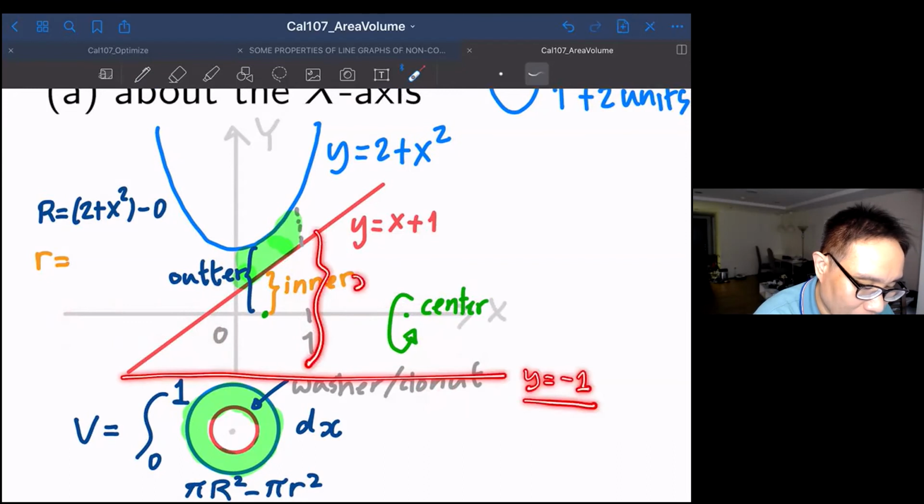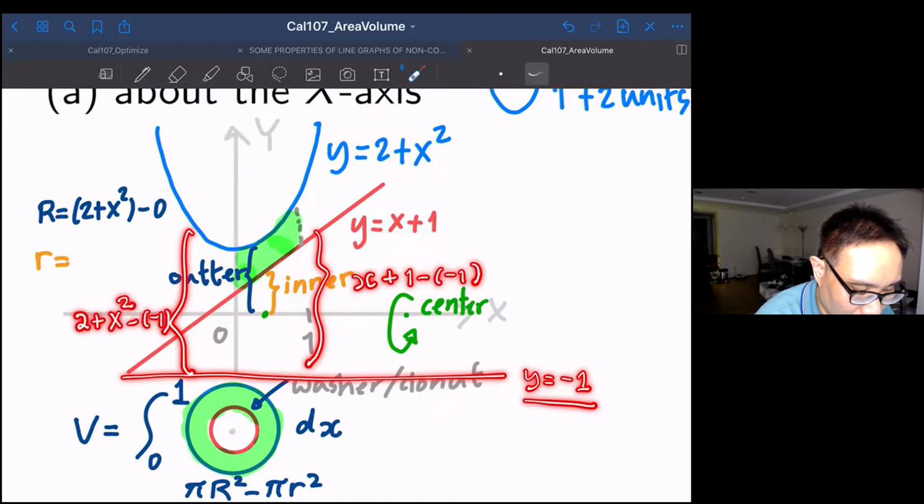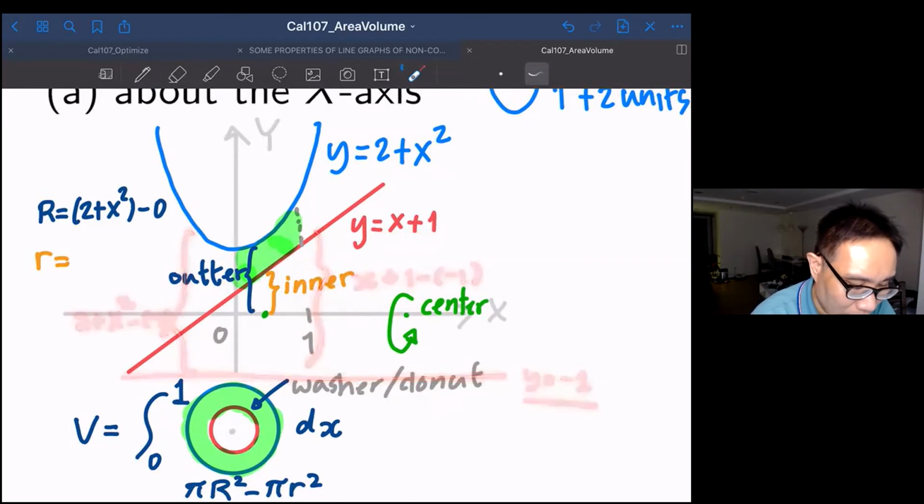And this guy will be x plus 1 minus negative 1. And this outer turned out to be what? Turned out to be 2 plus x squared minus negative 1. I want you to get this idea. Okay, this one will be important.